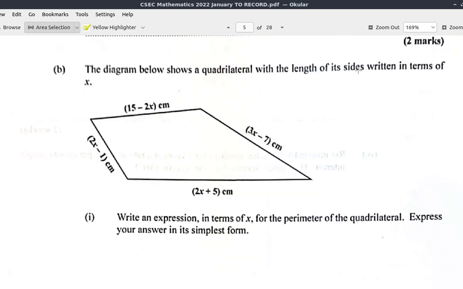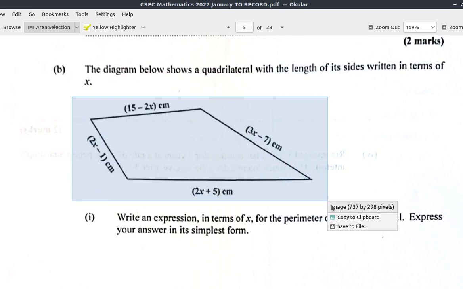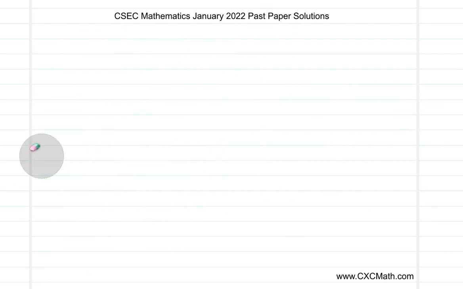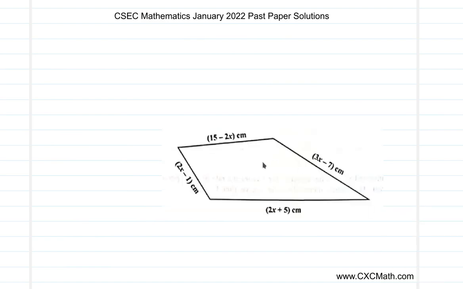The diagram shows a quadrilateral with its sides written in terms of x. Write an expression in x for the perimeter of the quadrilateral and express your answer in its simplest form. Let's copy this and paste it over here. Let's erase these things first and then paste.